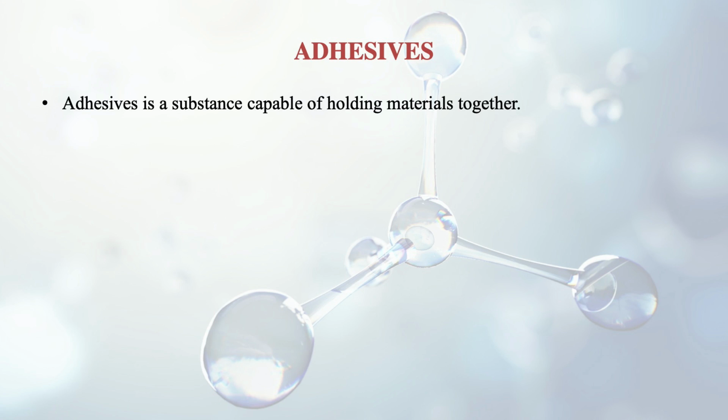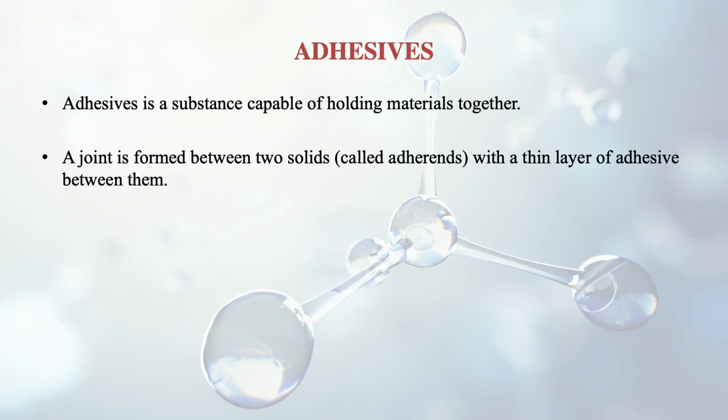So further, we now move on to adhesives. After discussing various kinds of composites, we discuss adhesives. An adhesive is a substance capable of holding materials together, and a joint is formed between two solids, known as the adherends, with a thin layer of adhesive between them. They are very much in use nowadays.